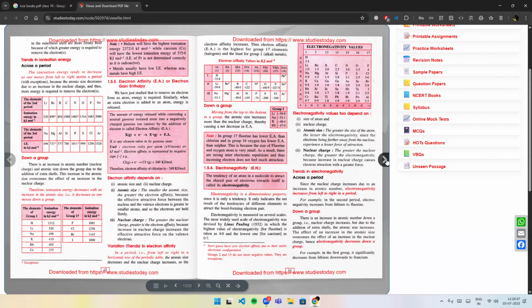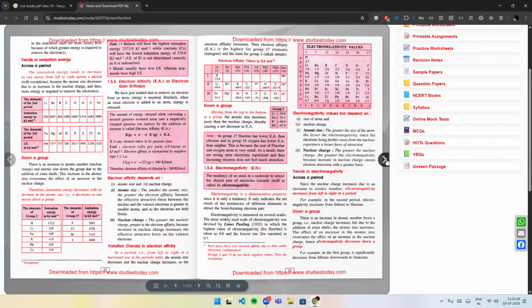Note, helium will have the highest ionization energy, 2372 kilojoules per mole, while cesium will have the lowest ionization energy of 375 kilojoules per mole. Metals usually have low ionization energy, whereas nonmetals have high ionization energy.